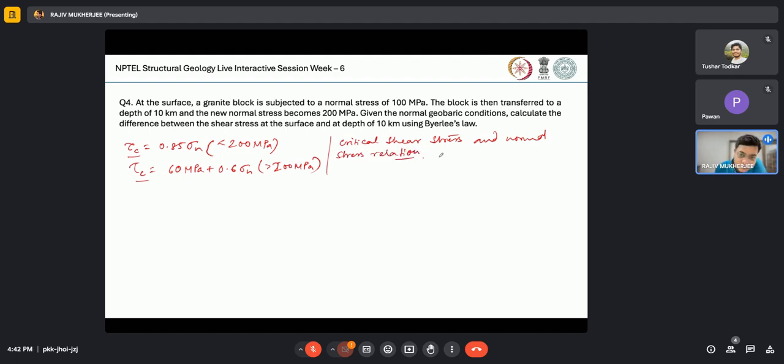And Byerlee's law essentially tells us that the coefficients 0.85 and 0.6 are coefficients of friction for crustal materials undergoing deformation.